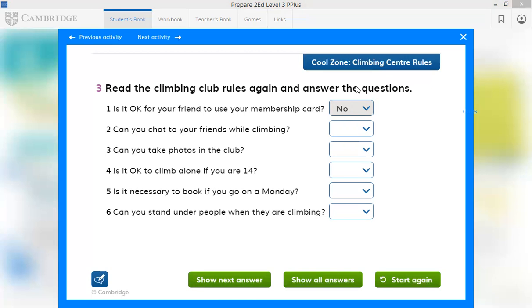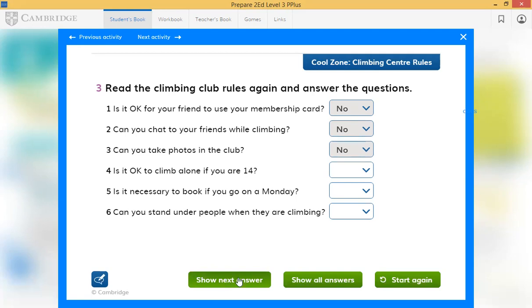Okay, Vale Rojas. Can you chat to your friends while climbing? Yes or no? No, exactly. Espinosa Triay, can you take photos in the club? Yes.